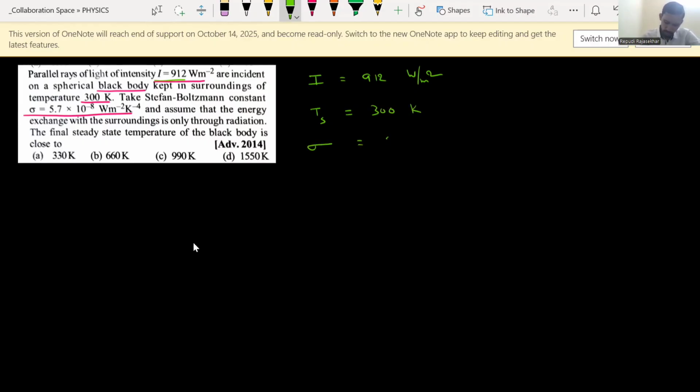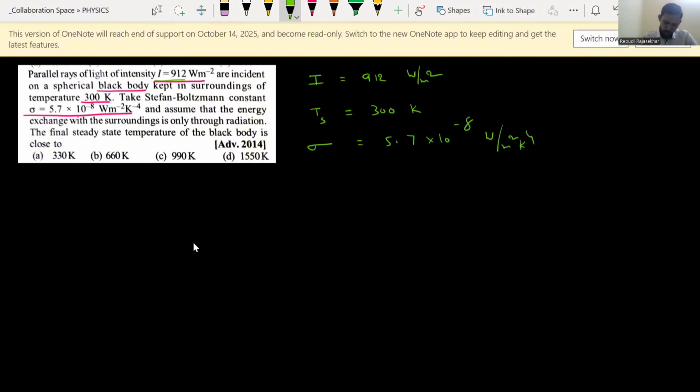Sigma is a constant, its value is 5.7 into 10 to the power of minus 8 watt per square meter Kelvin power 4. What is the final steady state temperature of the black body? It's a direct question only.